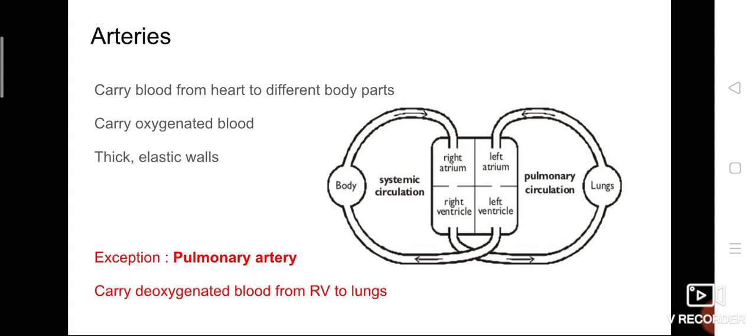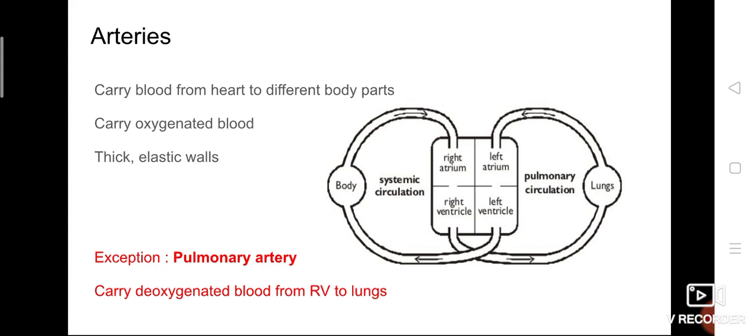Isn't it? Remember the respiration equation. Glucose, that is the nutrients absorbed from the small intestine, will be assimilated in different body parts. So all the cells of our body, what will they do? Along with oxygen, they give energy. At the same time, they produce carbon dioxide. That is respiration, isn't it?